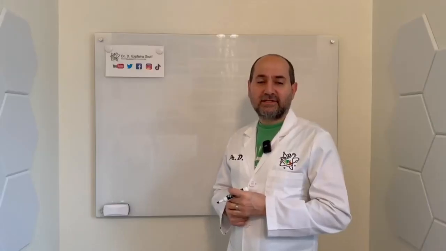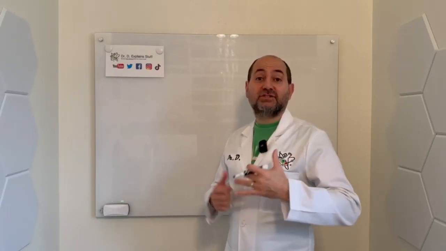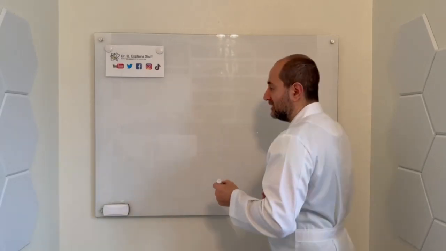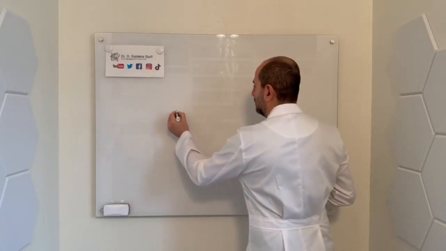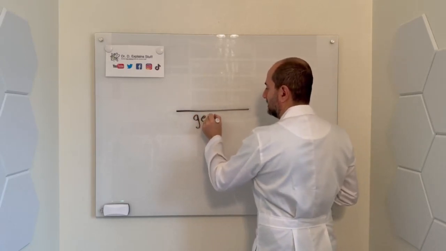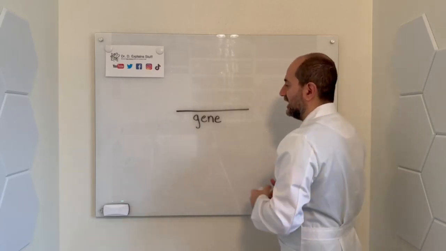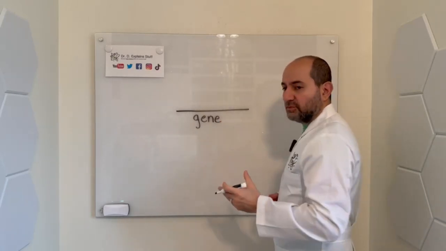Now, before I explain what an operon is, let me show you how genes work in you and me, in eukaryotes. When it comes to a eukaryote, we have a gene. And remember, a gene is a unit of heredity that codes typically for a protein.